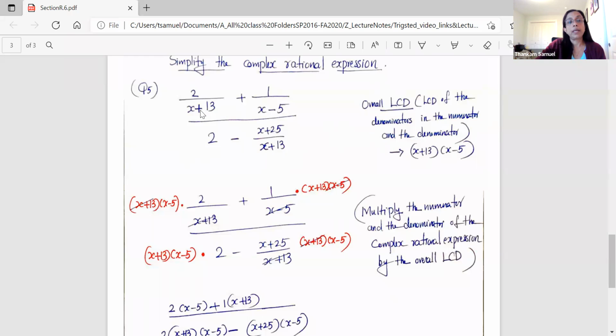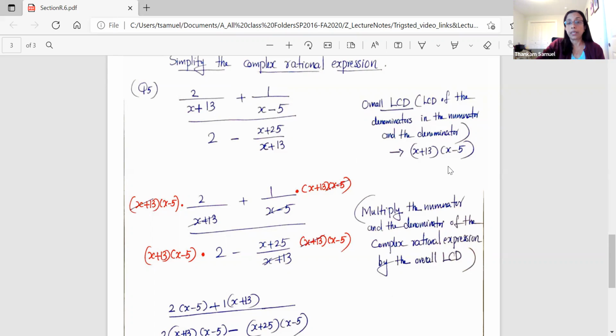You can see that the numerator has two denominators, x plus 13 and x minus 5. Here the denominator of 2 is 1, 2 over 1. And here this is like x plus 13. So the LCD of all the denominators in the numerator and the denominator is x plus 13 times x minus 5.